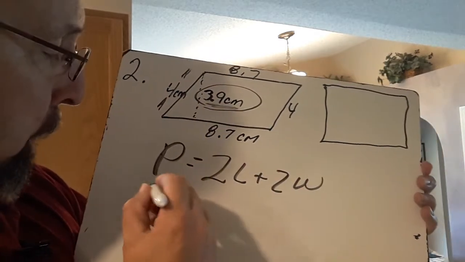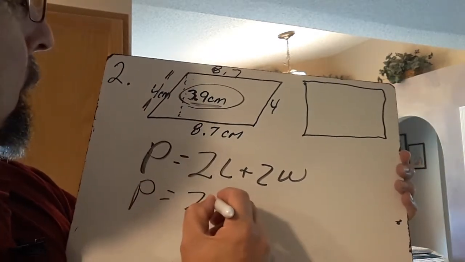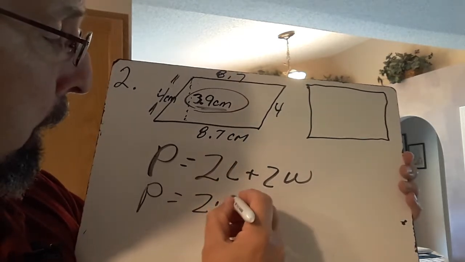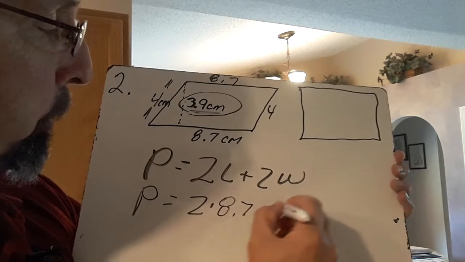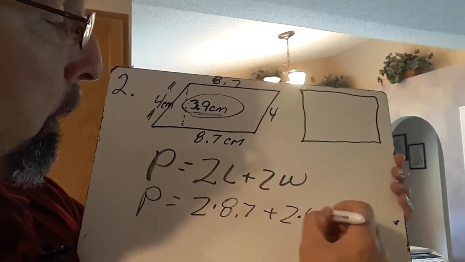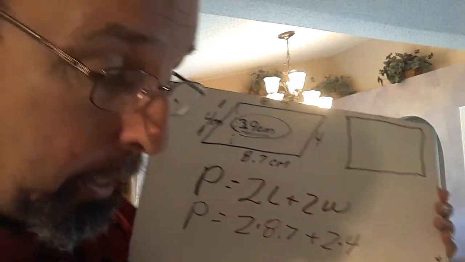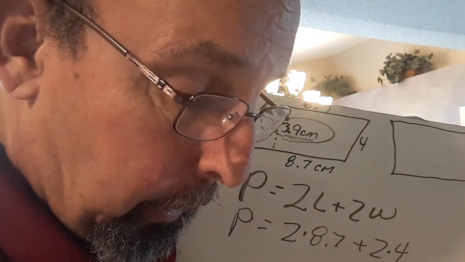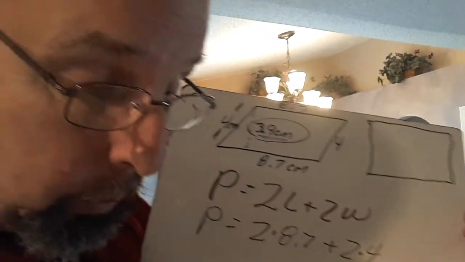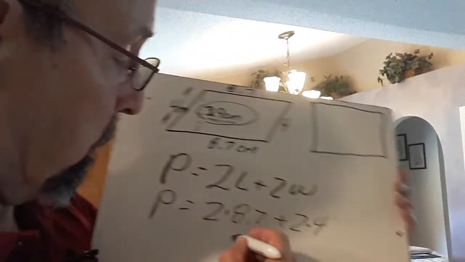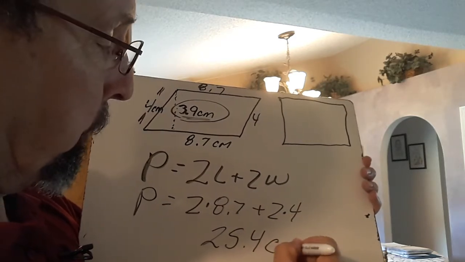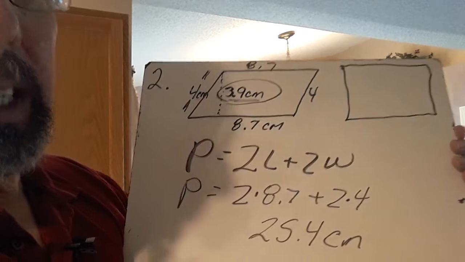So 2L plus 2W, perimeter equals, we're going to use length, 2 times 8.7 plus 2 times 4. You do the math, you work it out, all right? And you see the perimeter is 25.4, and that's centimeters. It's not squared because it's not area, all right?